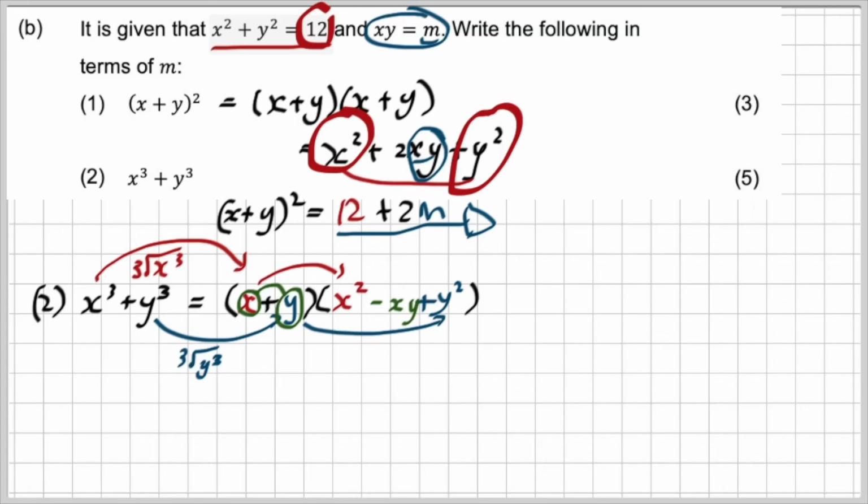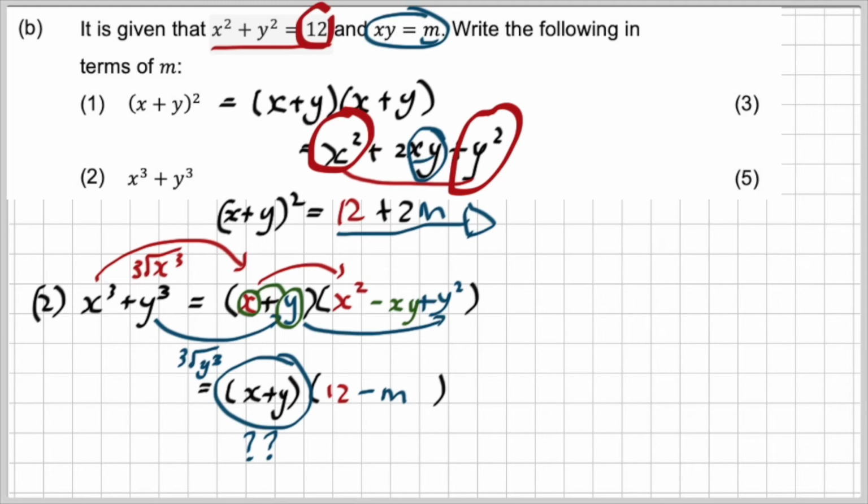Now, ladies and gents, here is where life becomes interesting, because the back bracket is the least of my worries. I already have a value for X squared plus Y squared, remember that is 12, and I've got a value for XY, that is just M. But now, what the heck do I do with that X plus Y?